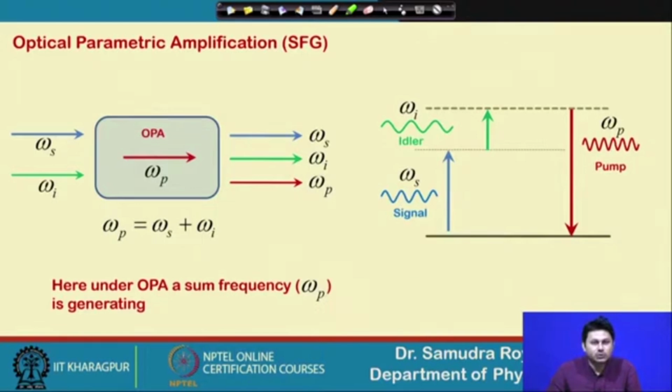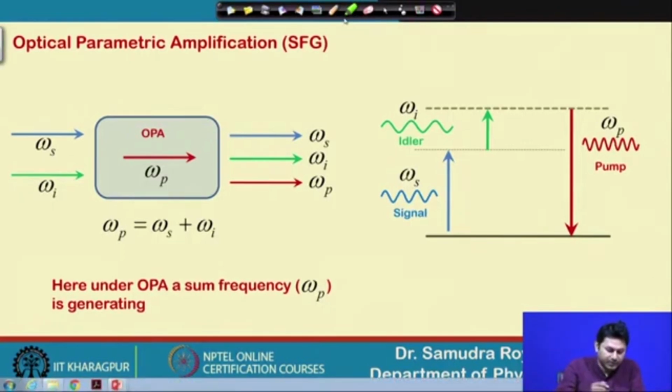One thing you should note here is that, since I am generating the sum frequency, the launched wave of frequency omega s, which we call the signal, is strong. When we say it is strong, that essentially means there is no change over distance.